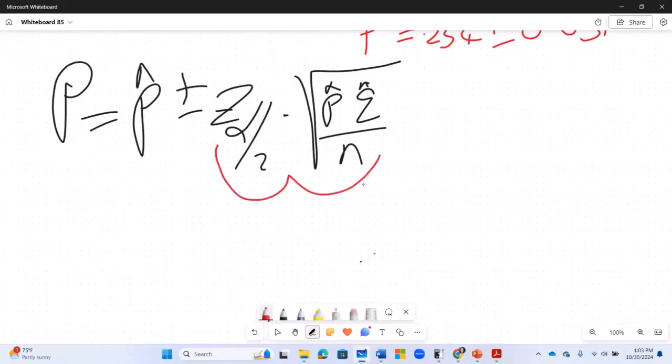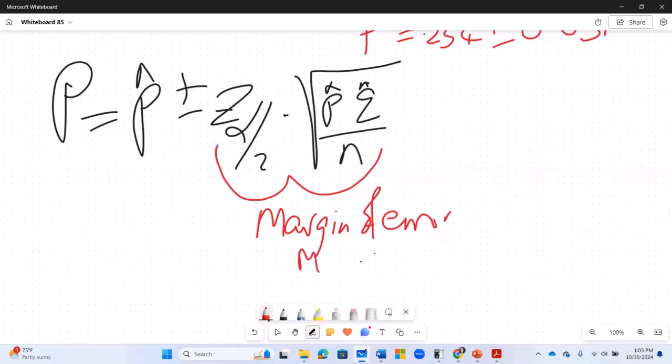This section is called margin of error. You can actually call it ME. All right, so remember what you're looking for. You're looking for the population proportion.